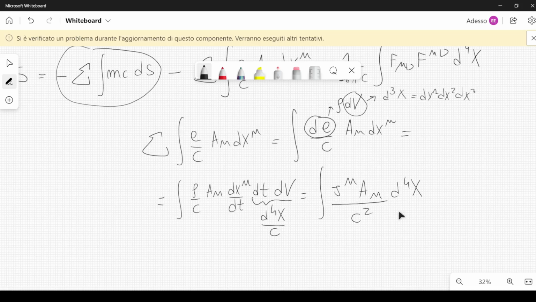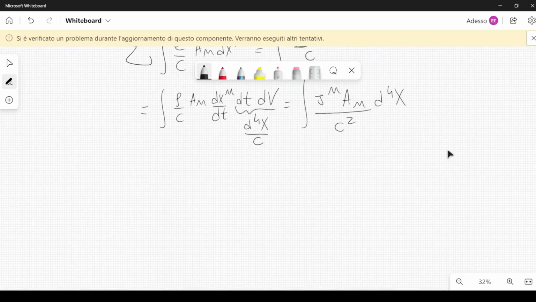Now, when we take the variation of the action, delta S, we can write it as minus integral of j mu over c squared, and then I have delta A mu. So when I take the variation, I will not vary j mu, because as I said earlier, we assume that the motion of the charges is given, so we are not going to vary this density here.